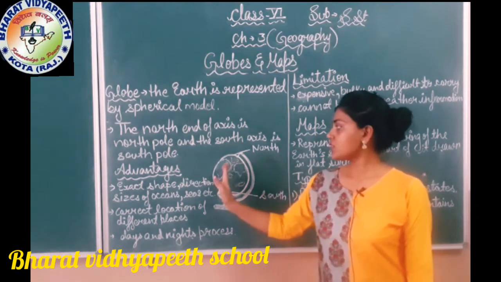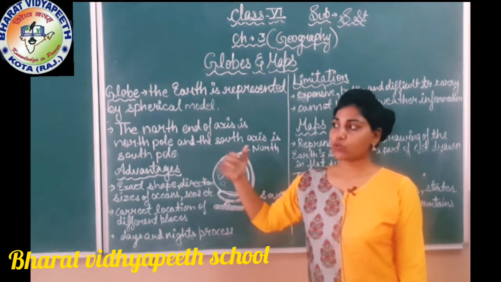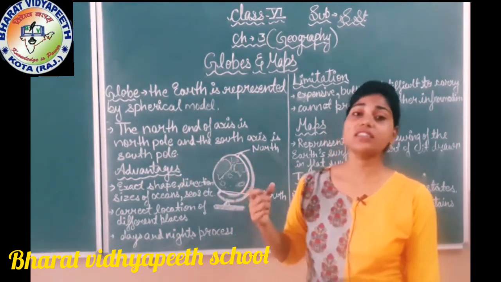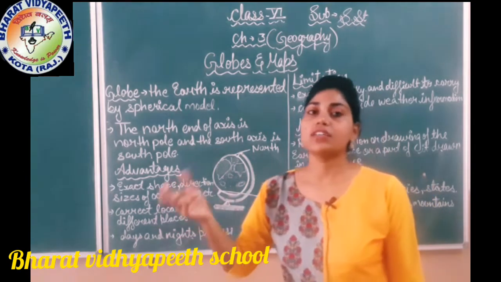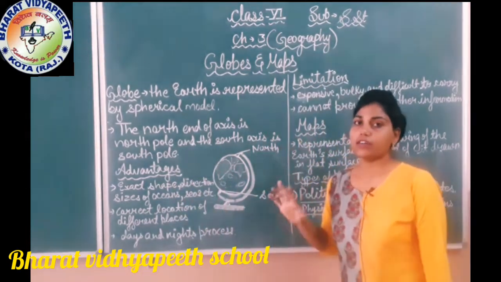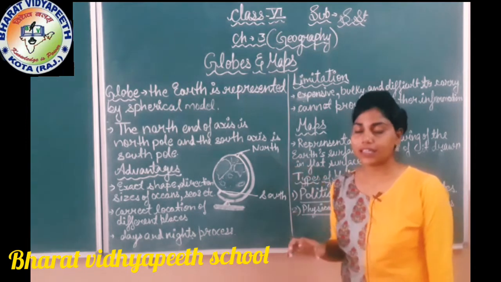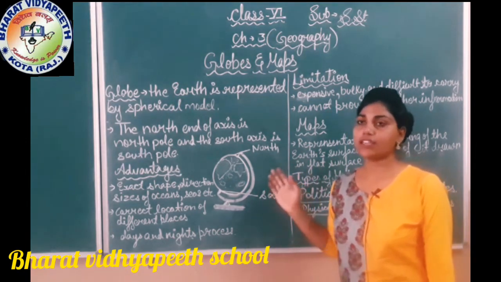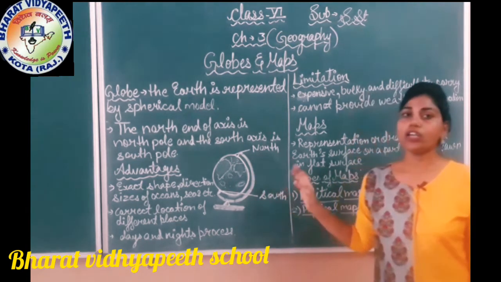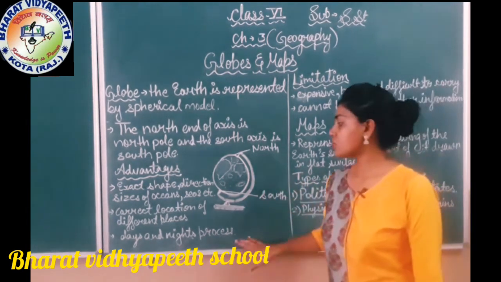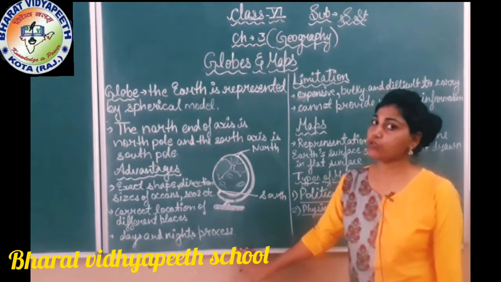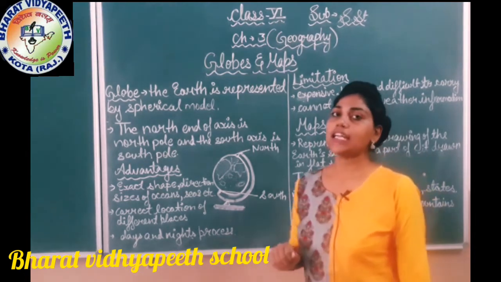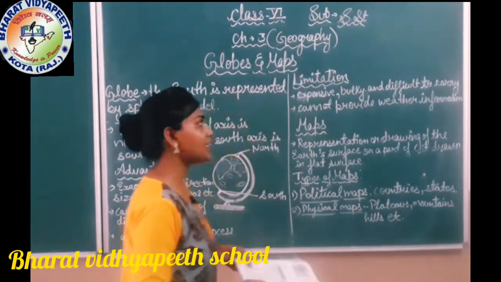As we know, the side of the earth towards the sun has day, and the other side, away from the sun, has night. Day and night keep changing, so to understand this process we can use globes. It also tells how day and night occur.